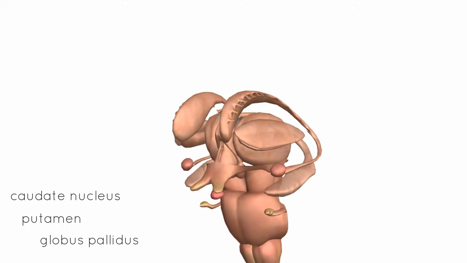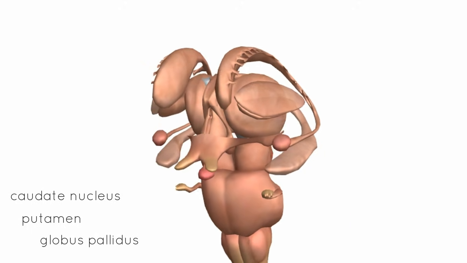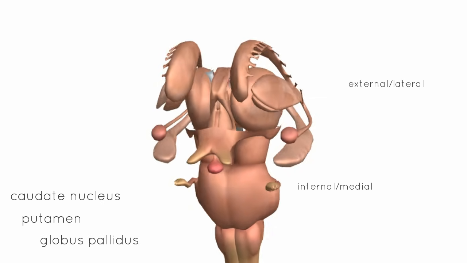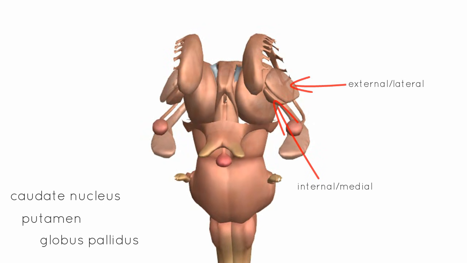I've just faded away the various structures, so you can see the globus pallidus, which has an internal and external, or lateral and medial part. So the globus pallidus is these two structures, the lateral and the medial globus pallidus. These structures sit medial to the putamen.